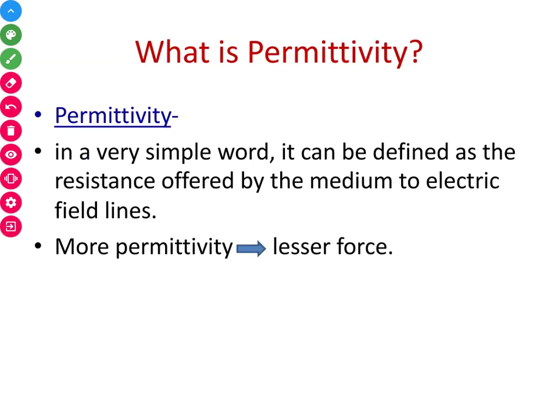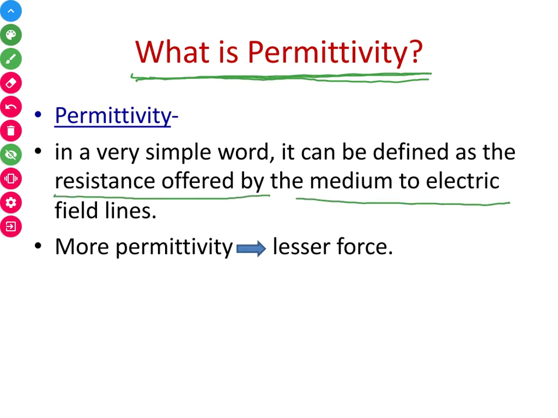Now what is permittivity? This is a very important question. In a very simple language we can define it: it is the resistance offered by the medium to electric field lines.